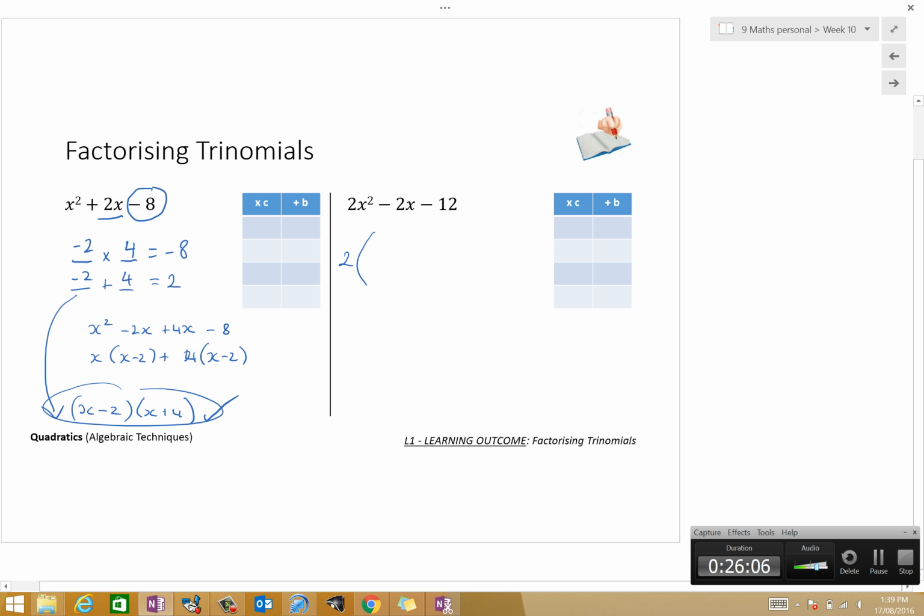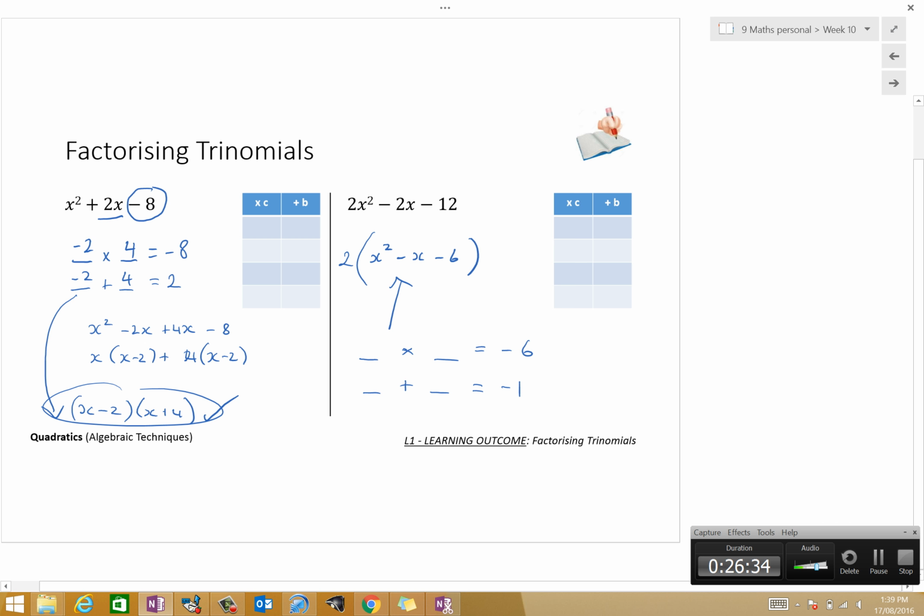Taking out the common factor, x squared minus x minus 6. Now what you want to do is exactly the same thing. Pretend that 2 didn't exist and factorise what's inside those brackets. So once again, I need two numbers which multiply to give negative 6, and they add to give negative 1.